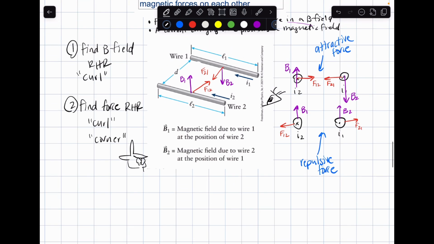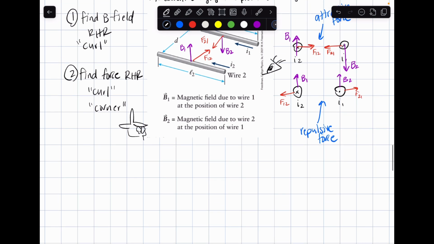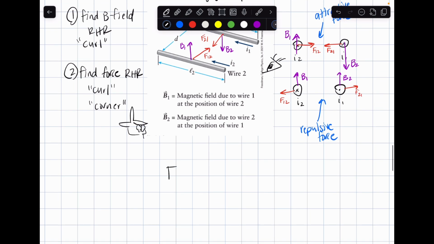So that gives us direction of the force. So what about the magnitude? We can kind of derive the magnitude. So remember that the force, let's just do the force of 1 on 2. Well, that's going to be current of 2 times the length times the B field experienced by wire 2. Well, the B field that is experienced by wire 2 is the B field created by wire 1.